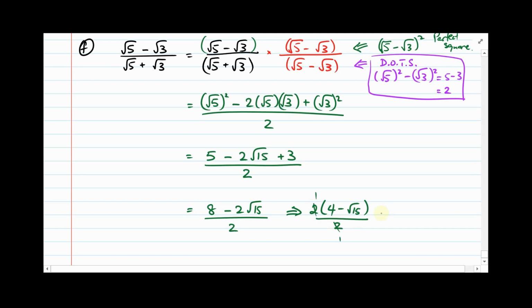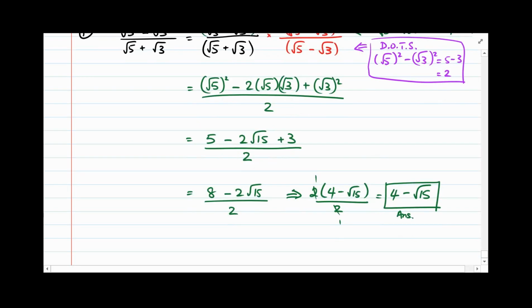Denominators, they cancel, factor of 2, the HCF. And so my final answer is 4 minus root 15. Okay. So sometimes we may have to bring in other techniques, not just the difference of 2 squares, but look around and see exactly what's going on.